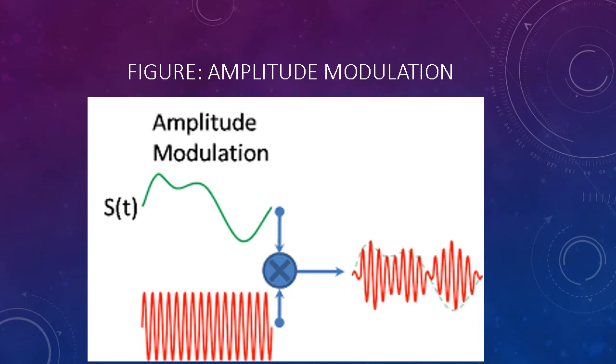Now if you see the green color signal, which is the original signal, here the signal is low, and if you see the carrier signal, the signal is high, so the strength of the signal is high. So the strength of the amplitude modulation depends on the carrier signal. So this is nothing but amplitude modulation. So amplitude modulation is used to transmit a signal for higher range with the help of a carrier signal.